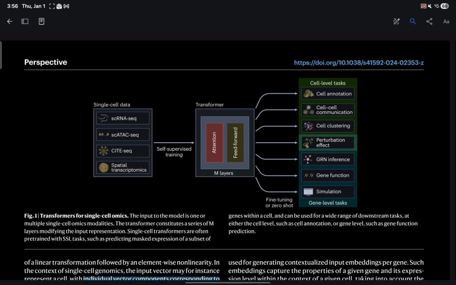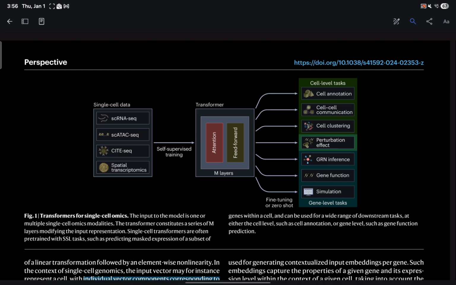Then you have the gene level tasks. So until now we had the cell level tasks. So basically you want to predict something about the whole cell, but you can also try to predict things at the gene level.